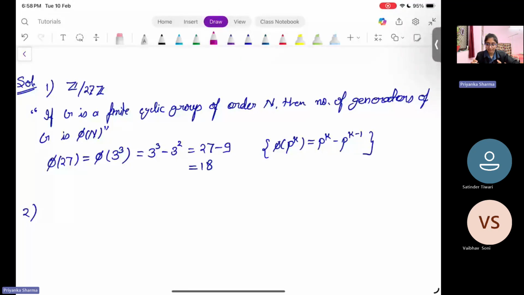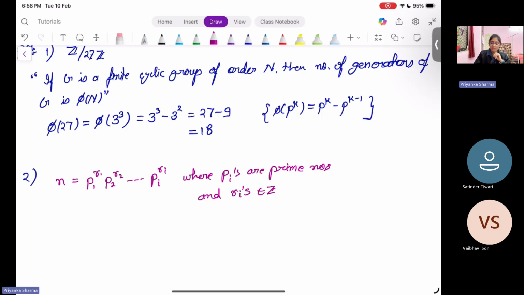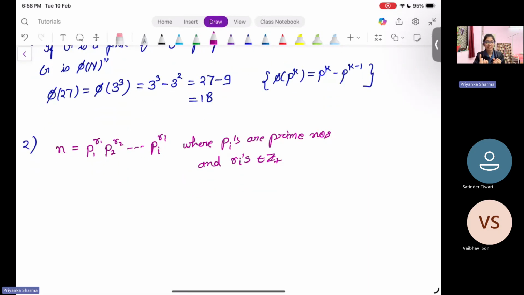The fundamental theorem of arithmetic says that whenever we have a natural number n, we can write it as p1 to the power r1, p2 to the power r2, and so on, pi to the power ri, where the pi's are prime numbers and the ri's belong to Z plus. So it means we can factorize a given natural number as a multiplication of powers of prime numbers.